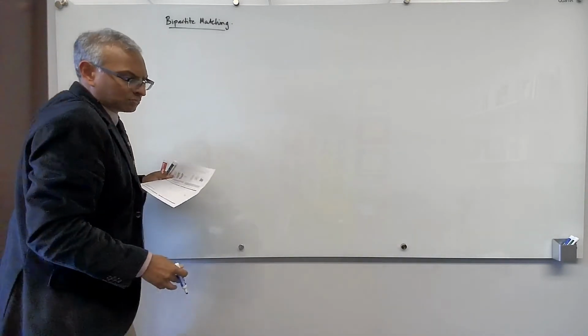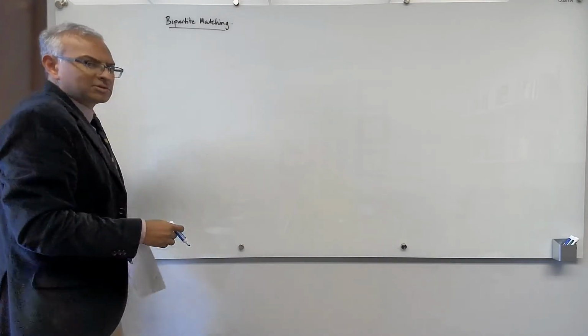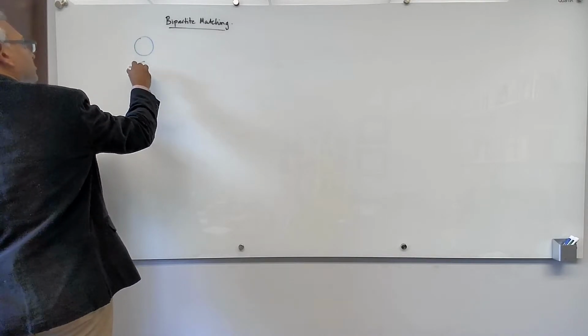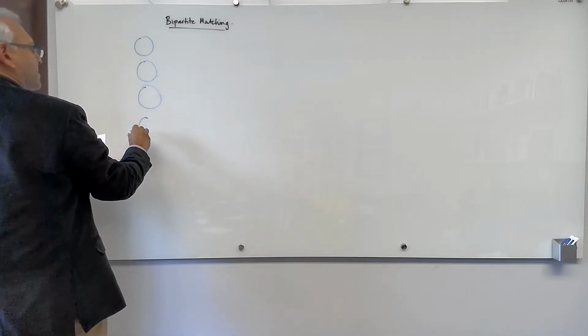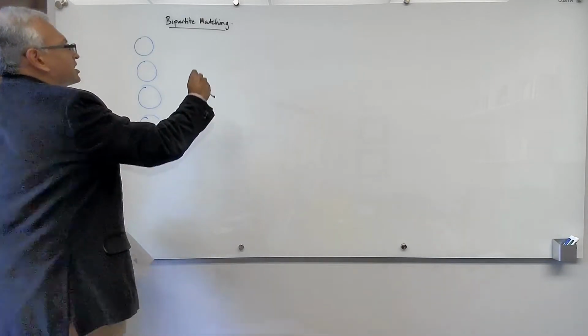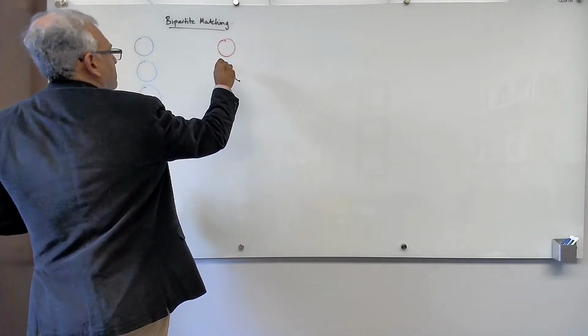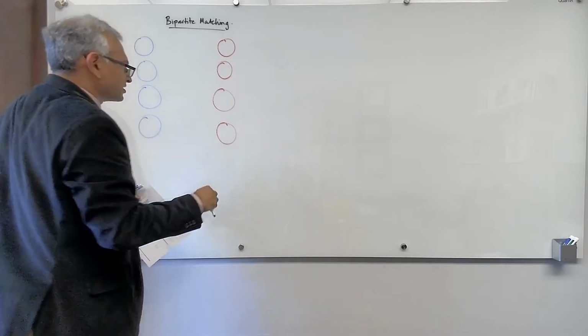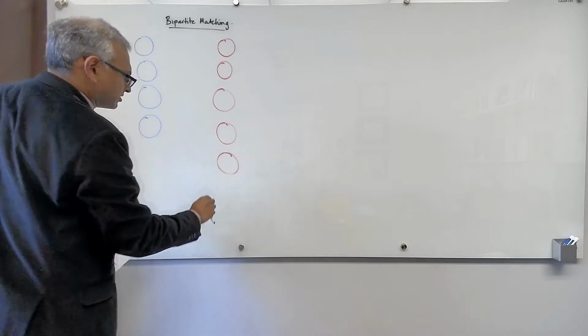And we'll move to a new application. So, resource allocation. So you have tasks. I'll call the tasks in blue. You have 4 tasks, and the resources that you can use to do these tasks, I'll put them in red. Okay, so you have tasks and resources. Let's say you have 5 resources.